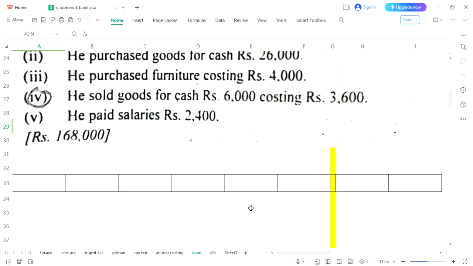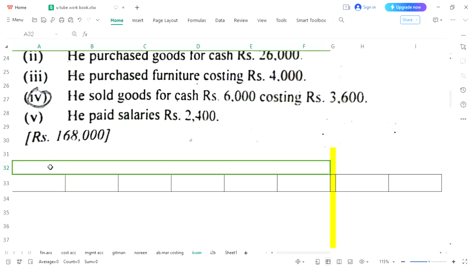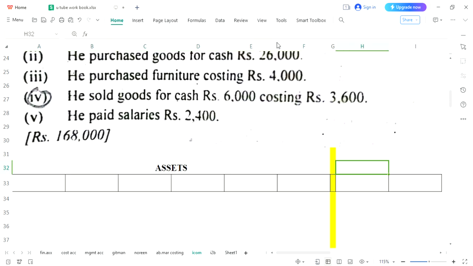Here, the first thing to understand is that this accounting equation proforma would be divided into two parts: one at the right side, one at the left side. On the left side you will have all the assets. So here you will write your assets, and you can see there are two columns only.